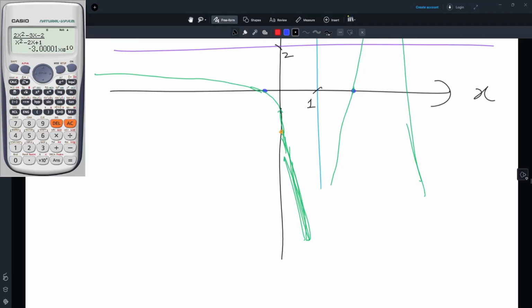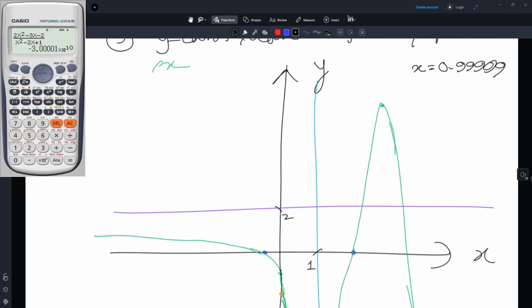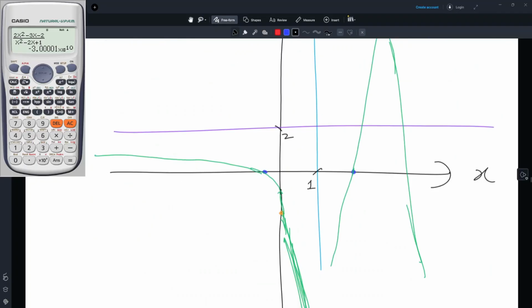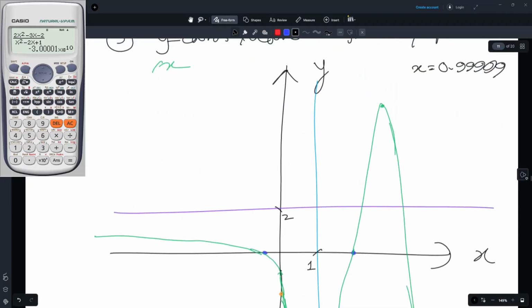So this is one thing. Next up, I want to check what I get if I put x equals 1.00001, which means a very small difference between this one and that, so I can see where the y coordinate is.